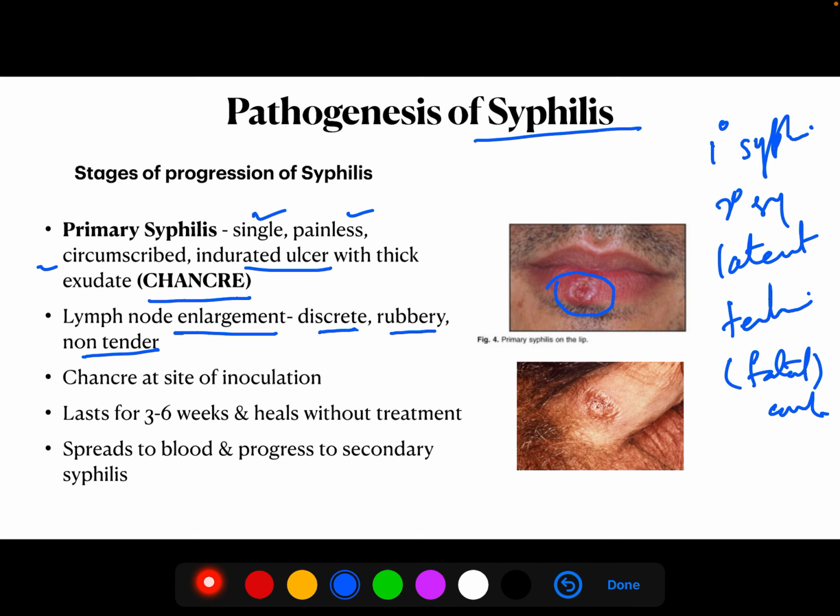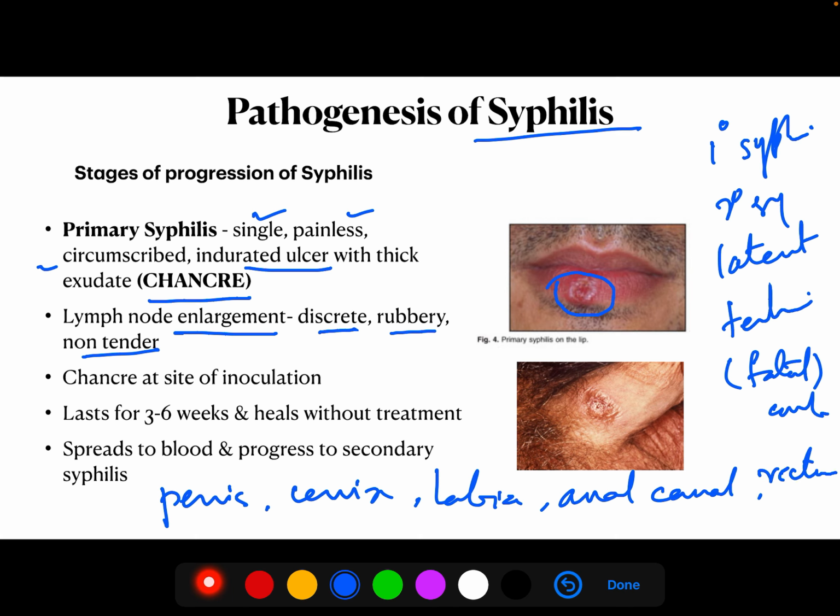The chancres are present at the site of inoculation, which means they are present on the penis, cervix or labia, and anal canal, rectum or mouth in case of homosexuals.